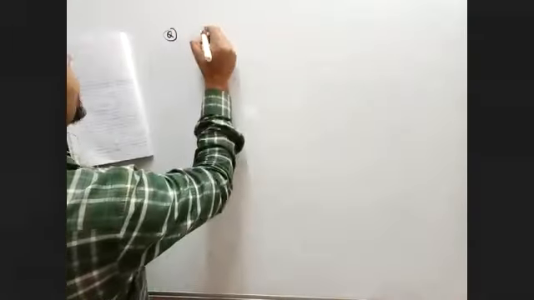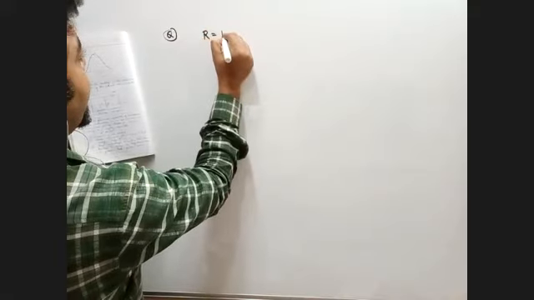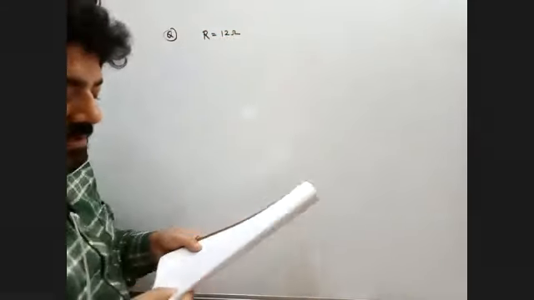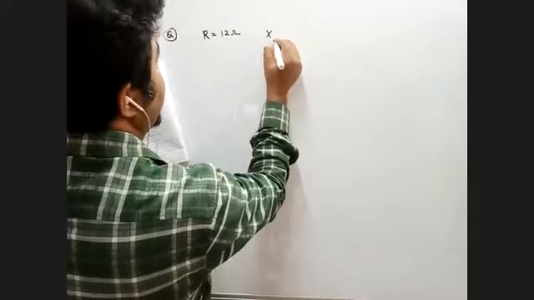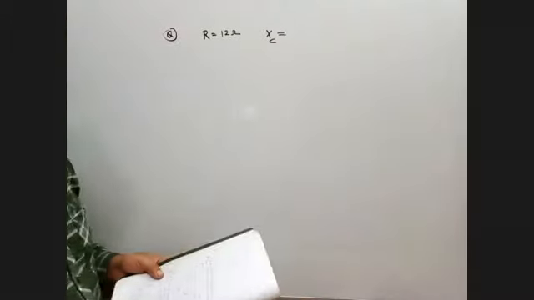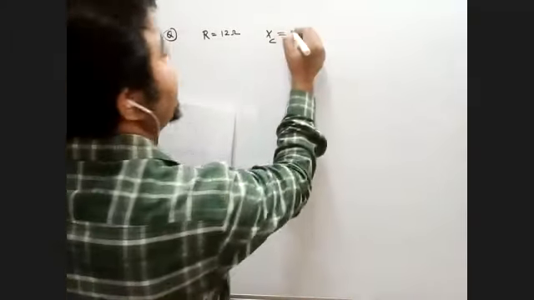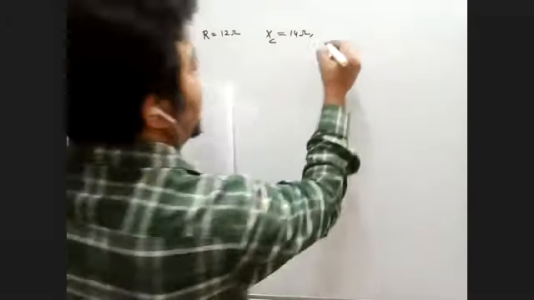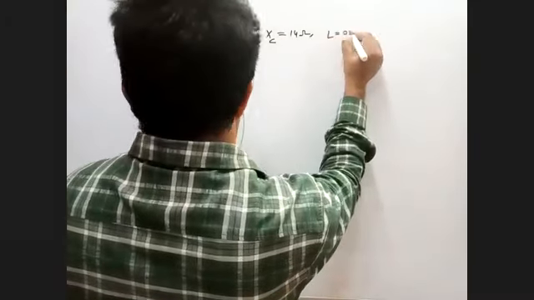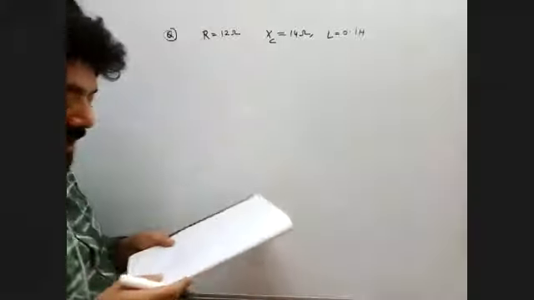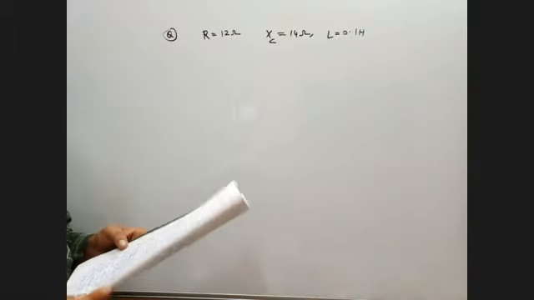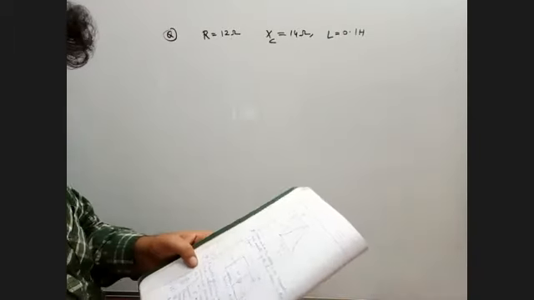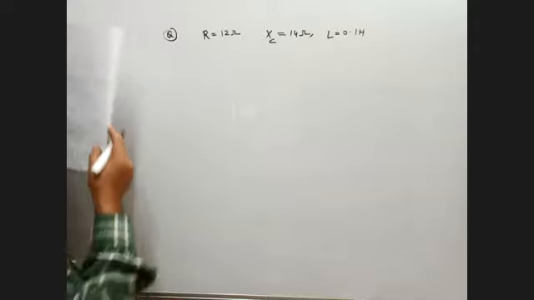The next question is: a resistor of 12 ohm, a capacitor with reactance XC of 14 ohm, and an inductance L of 0.1 Henry are joined in series and placed across a 200 volt, 50 Hertz AC supply.